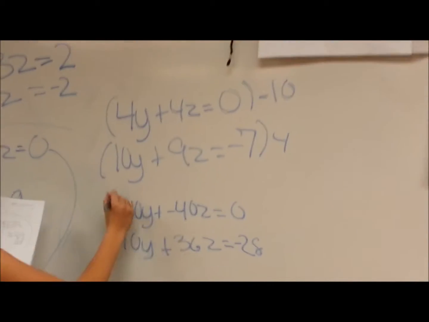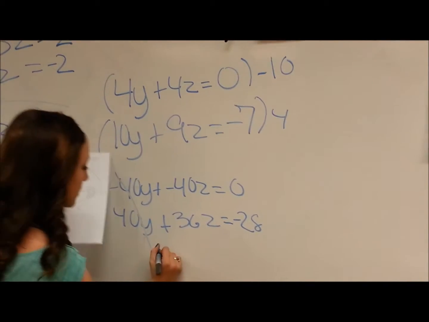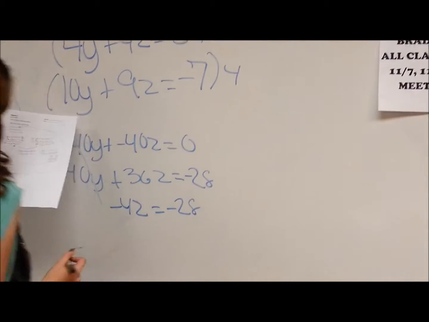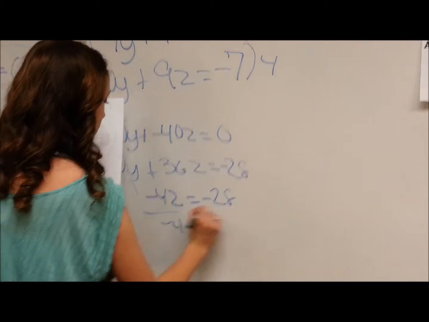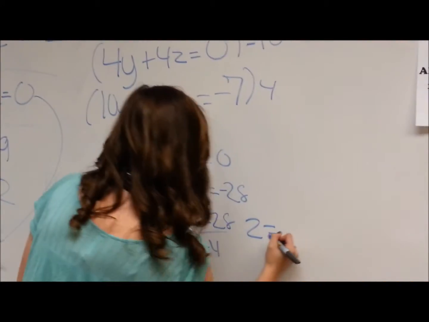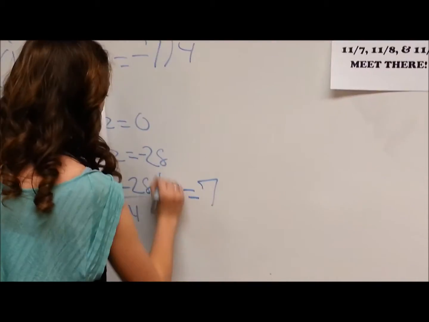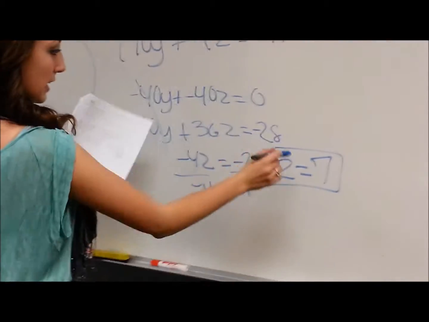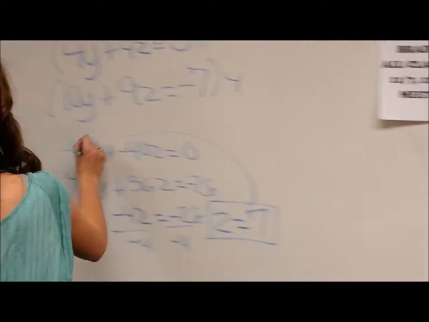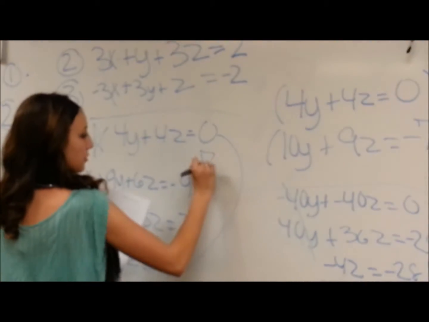Then you're going to cancel out the y's, and it's going to be negative 4z equals negative 28. Divide by negative 4, divide by negative 4, z is going to equal 7. Then you're going to plug in z for one of your star equations. So you're going to go back and plug it in for one of these.